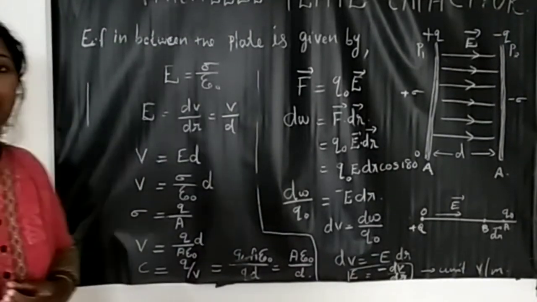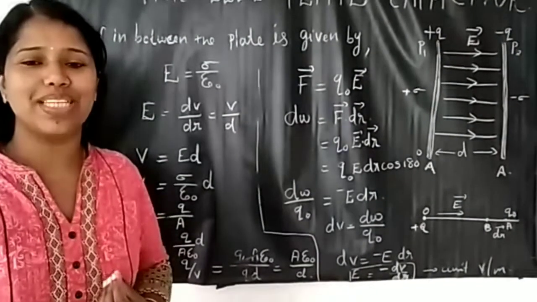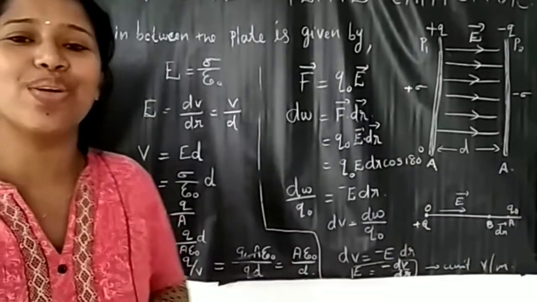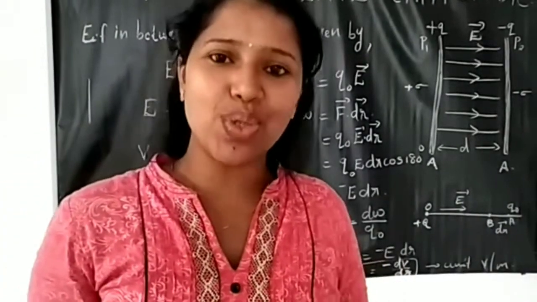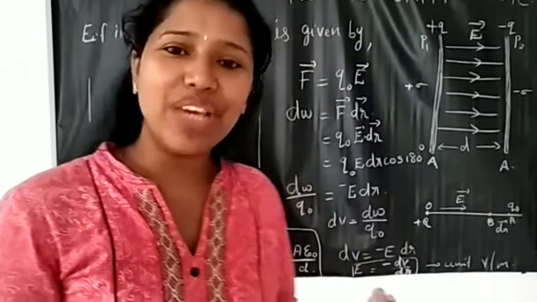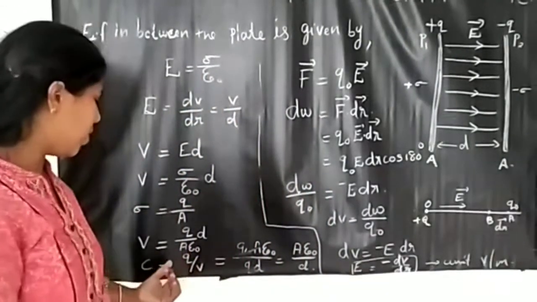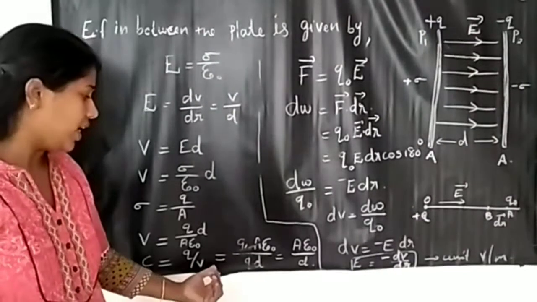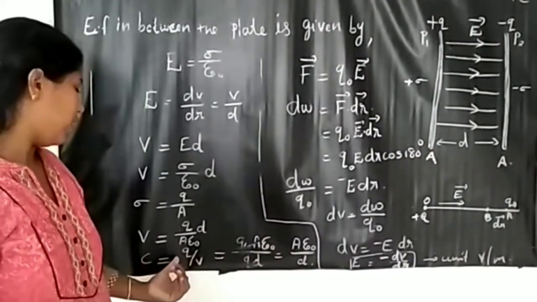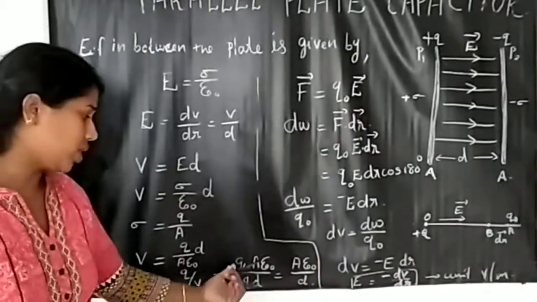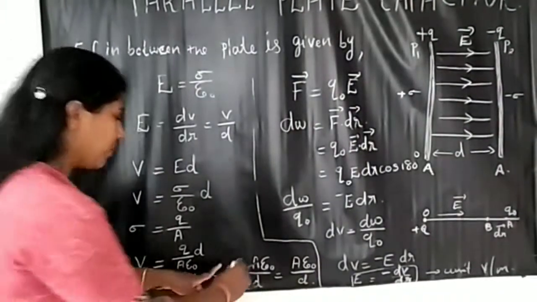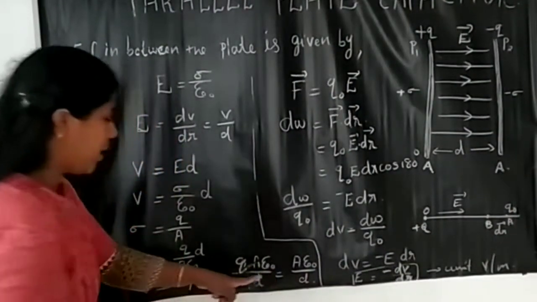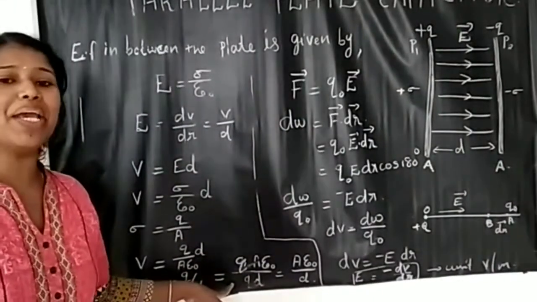We know that charge Q is equal to CV, so we can write C equal to Q by V. Substituting V, we get C equal to Q A epsilon naught divided by QD.